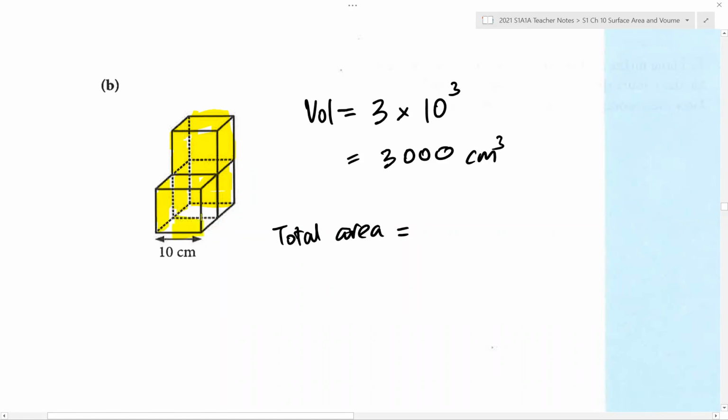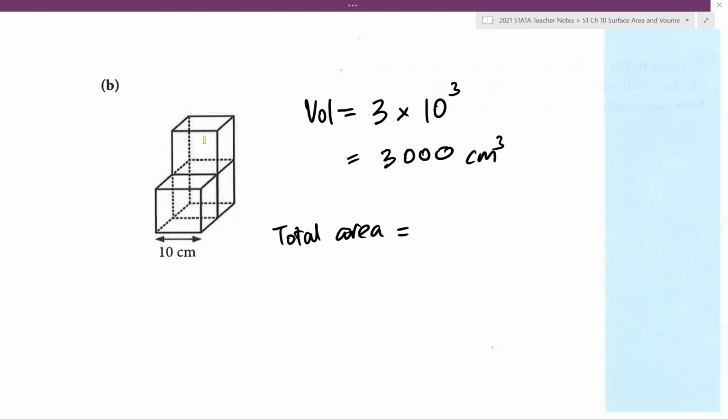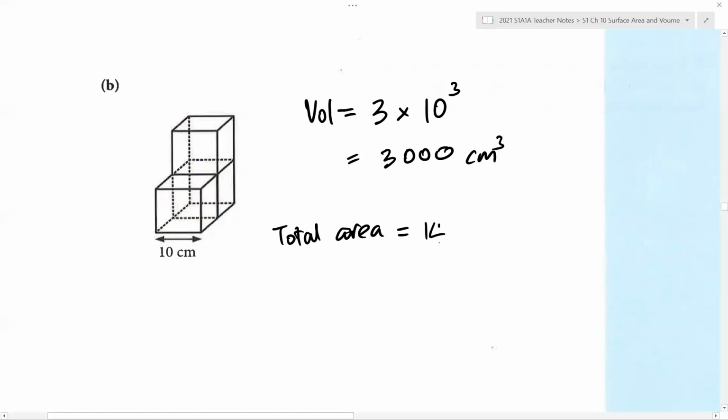At the bottom, 13 and 14. There are 14 squares. Yes, 14 of them. So 14 times the area of 1 square, which is 10 squared. 1400 square centimeters. So this is another way you can do it for this case, because they're all squares.